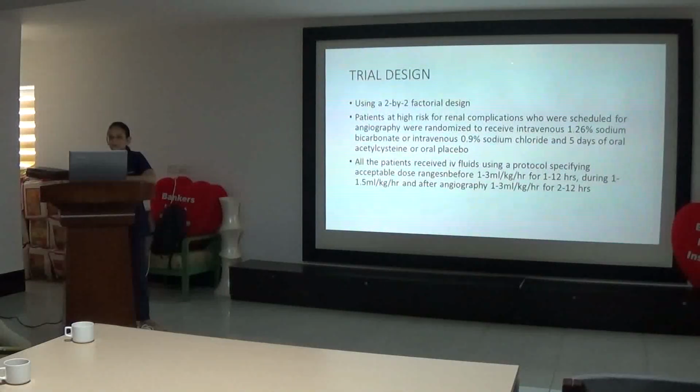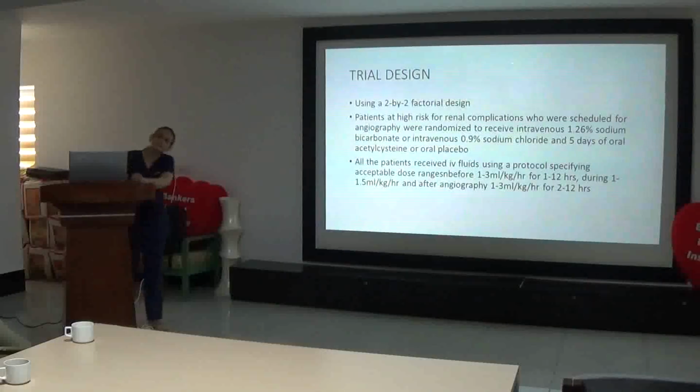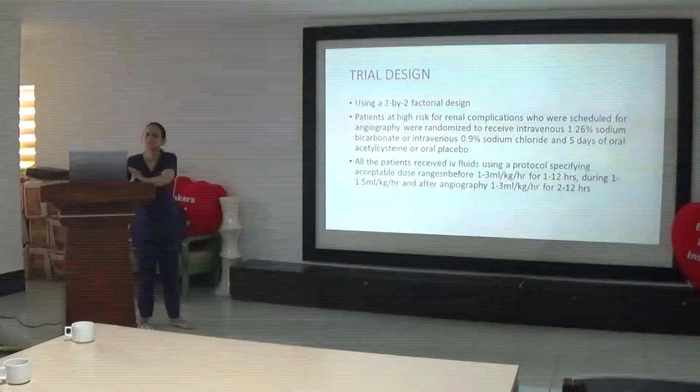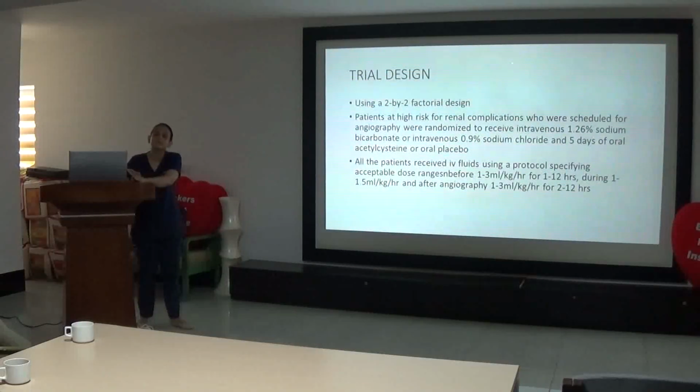Regardless of the N-acetylcysteine arm, they received normal saline. The N-acetylcysteine group did not receive soda bicarb. In the sodium bicarbonate arm, the comparator arm is sodium chloride, which is normal saline.